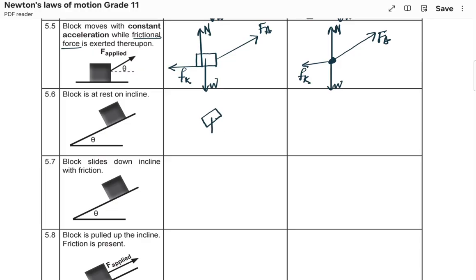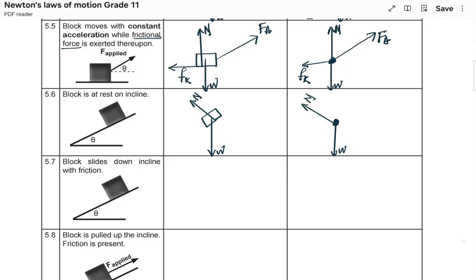Then I know weight is directed downwards, and then the normal force must be perpendicular to the surface. So here it will be a dot, and this one will be weight, then I'll be having the normal force in that way.